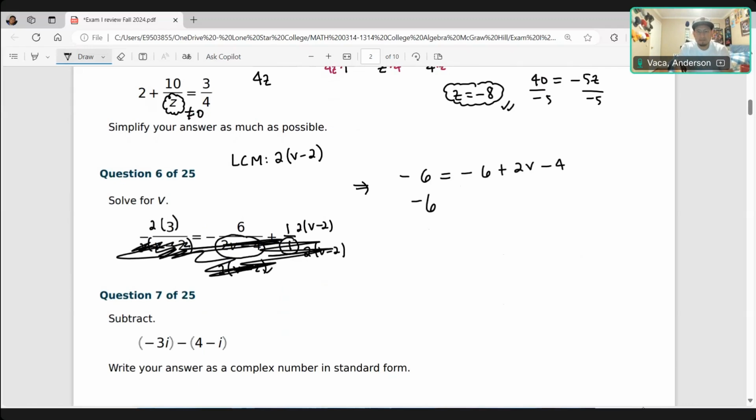Combining like terms, that becomes negative 10 plus 2v. Okay, so plus 10, we get 4 is equal to 2v. Dividing by 2, we get that 2 is equal to v.